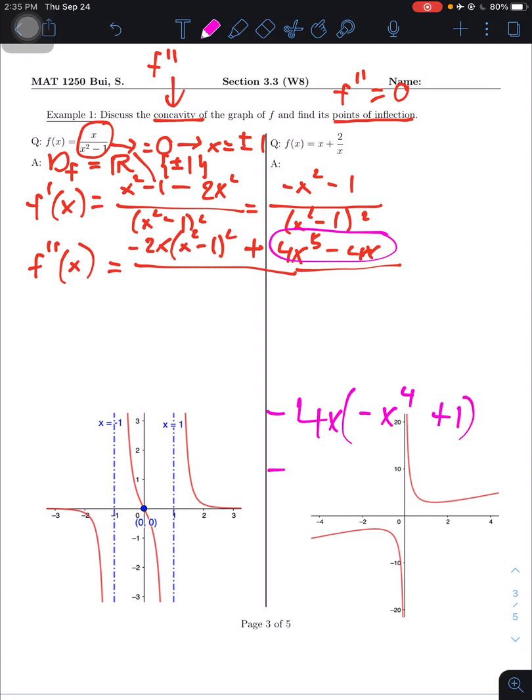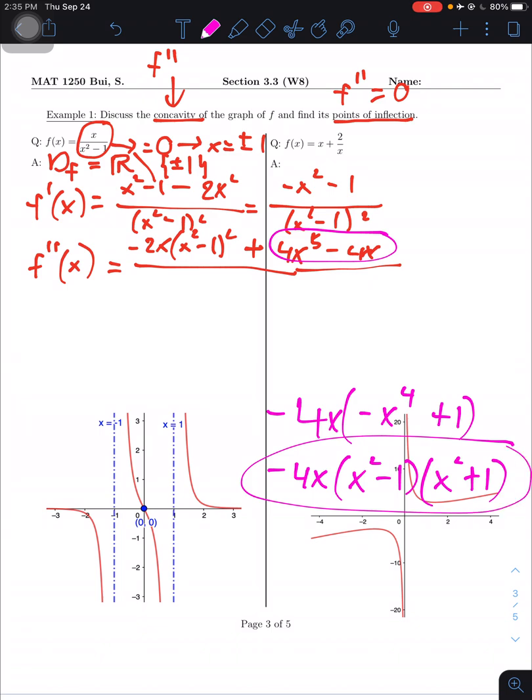And for the inside, it should be something like negative 4x and then x squared minus 1 and then x squared plus 1, right? This is what we have from the previous step, without doing a lot of things. And this should be a positive actually.